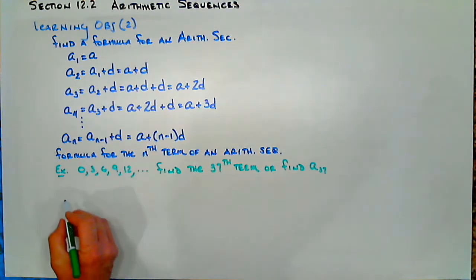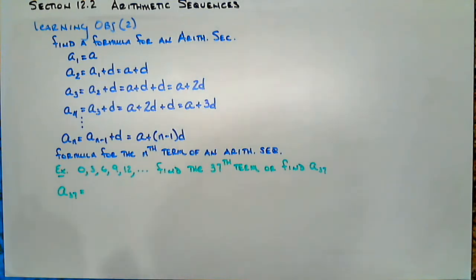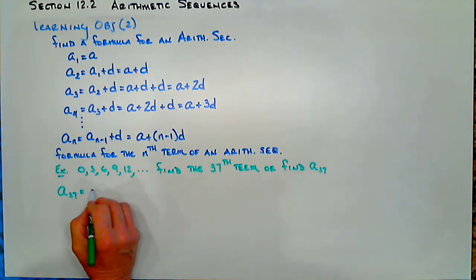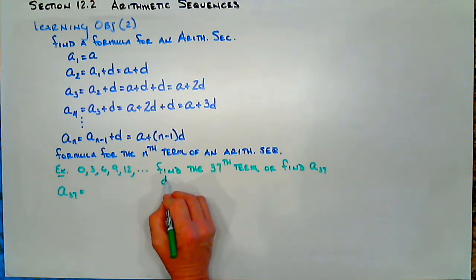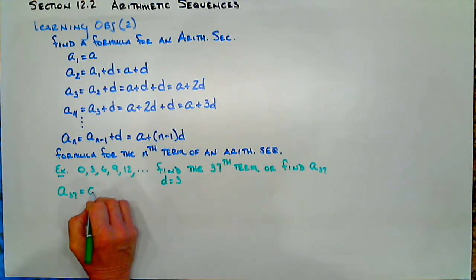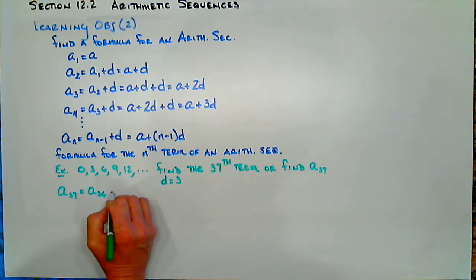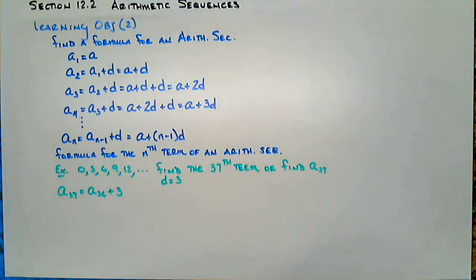What do we know the 37th term is? Well, the recursive version of the definition says, if we look over here, we determined earlier that d was 3 for us, didn't we? So the recursive definition says, I'm going to take the 36th term, the one that comes before this one, and I'm going to add 3. Well, unfortunately, we don't know the 36th term.